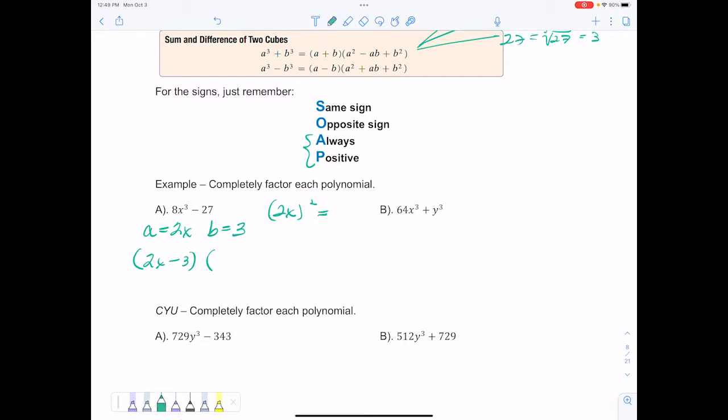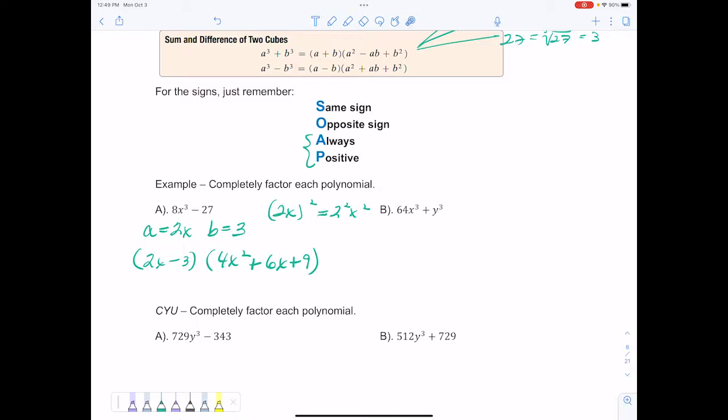So this is really 2 squared x squared. Okay, so 2 squared gives me 4x squared. And then it says opposite sign, so plus, a times b. So if I multiply a times b, 2x times 3, I get 6x. And then it's always positive, plus b squared. And 3 squared is 9. So that's your final answer. It's 2x minus 3 times 4x squared plus 6x plus 9.